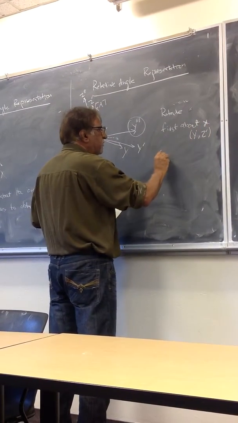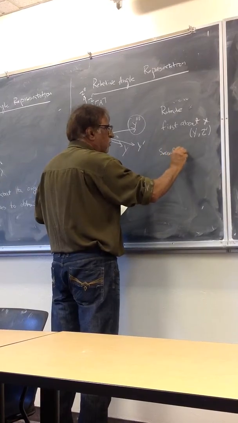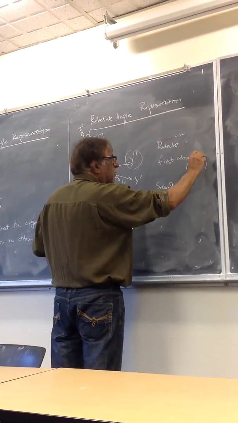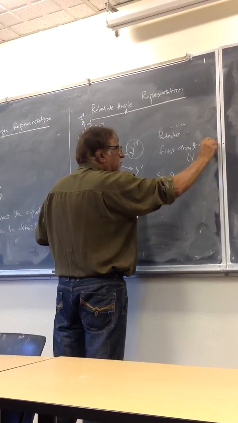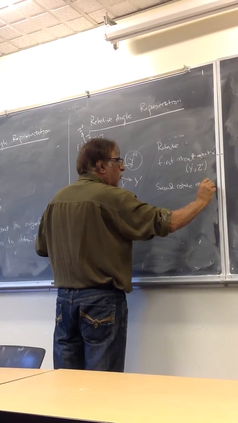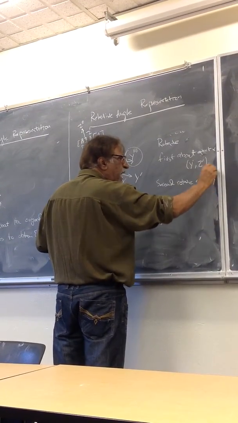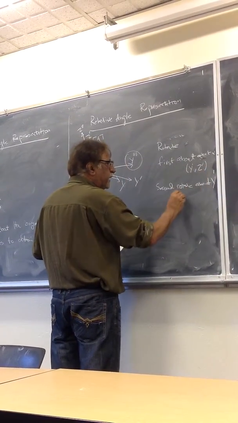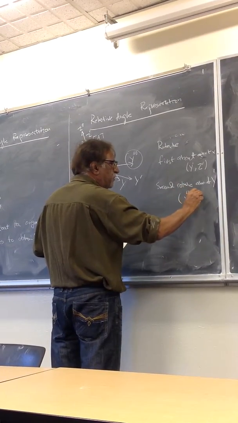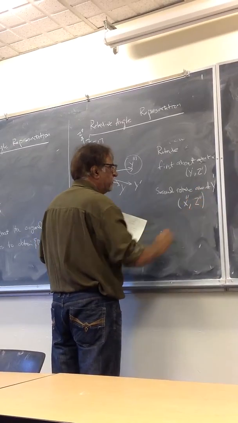Then second, you rotate about Y prime, and you get X double prime and Z double prime.